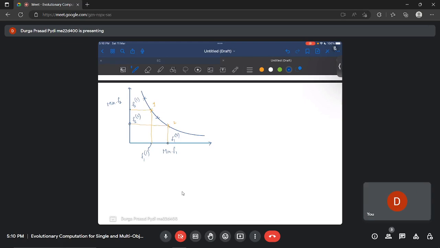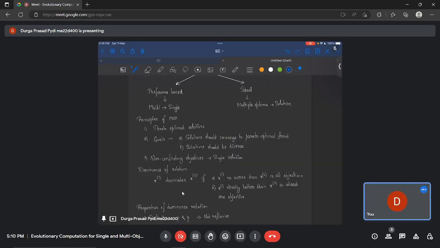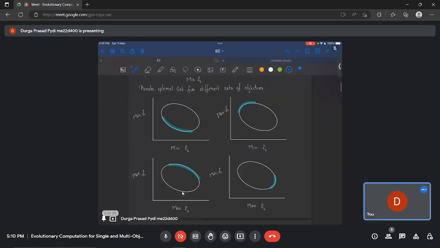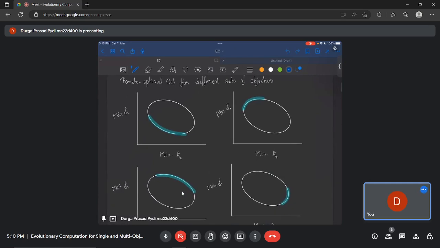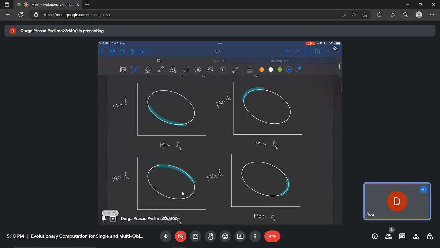Here, sir, you have taken both the x and y axes as minimum of function f1 and minimum of f2. Suppose it is minimum for this and maximum for the other, then the shape of the Pareto front will be different. I think last week we discussed that. When both are minimum, you will have your Pareto front somewhere over here.